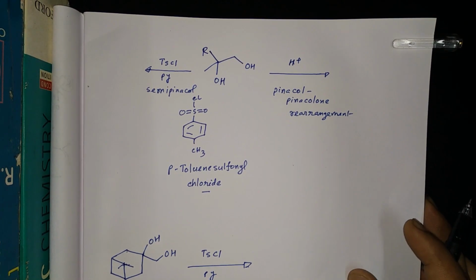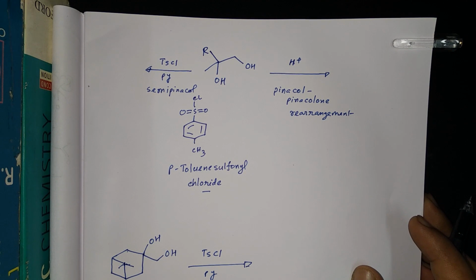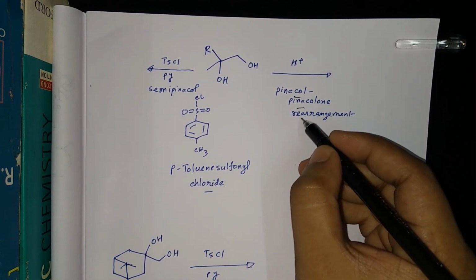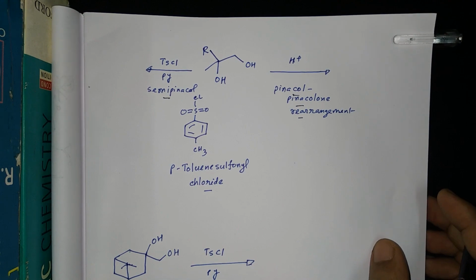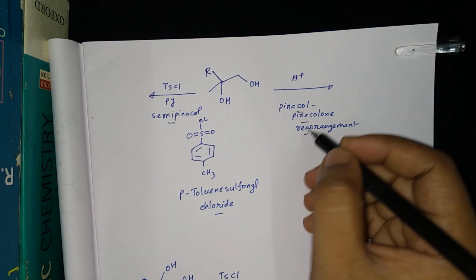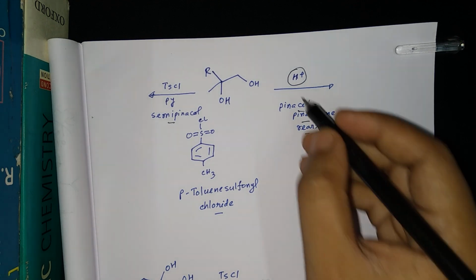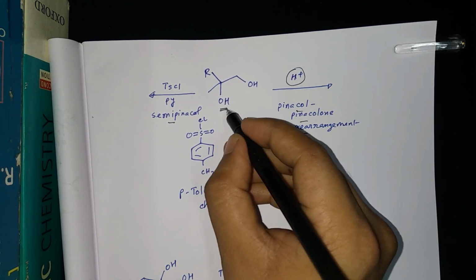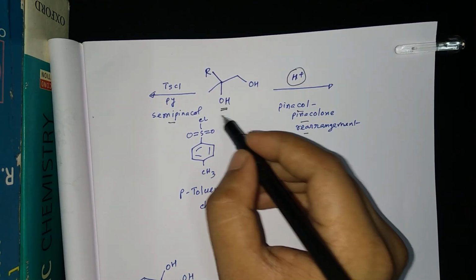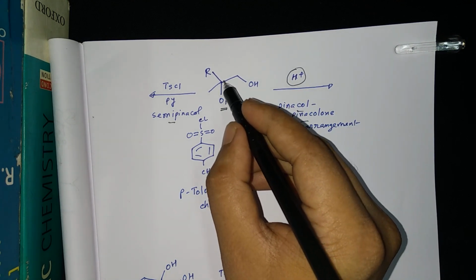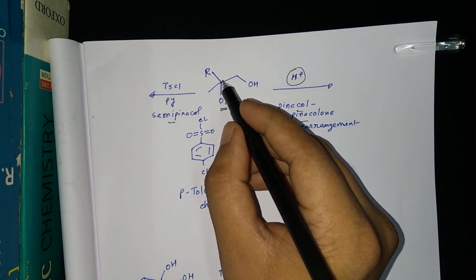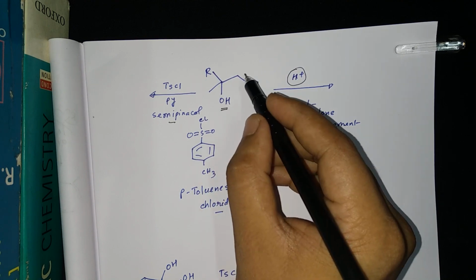Before coming to the mechanistic details of this question, I want to discuss the difference between the pinacol rearrangement and the semi-pinacol rearrangement. Generally, the pinacol rearrangement happens in acidic conditions. H plus will selectively protonate this OH, because after removal of H2O, a 3 degree carbocation forms, which is more stable than a 1 degree carbocation.